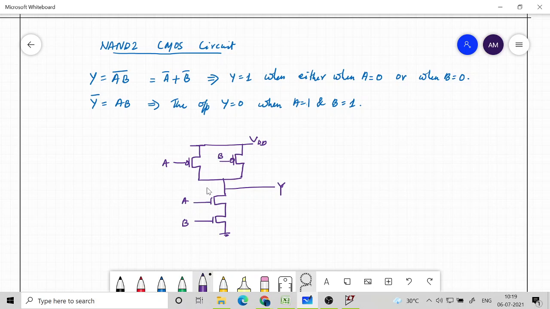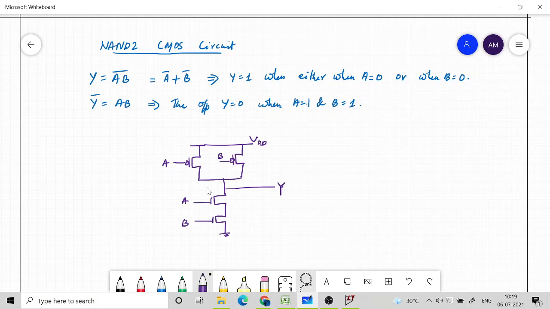When A equal to 1 and B equal to 1, both PMOS are off; they don't pass high voltage. At the same time, both NMOS transistors will be turned on, and Y will become equal to 0. That's what we want.